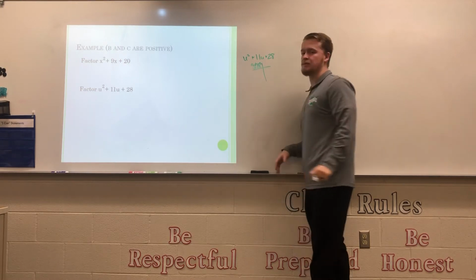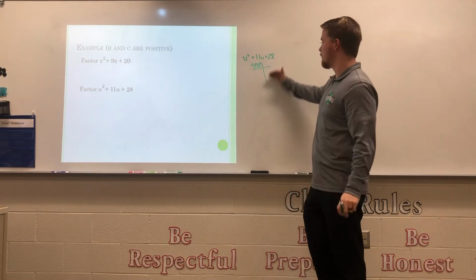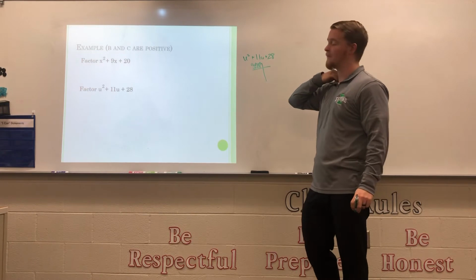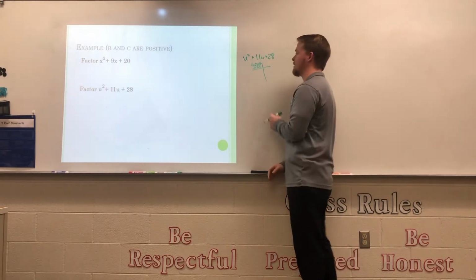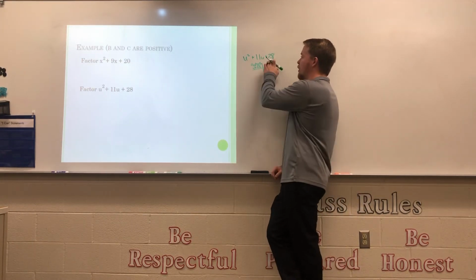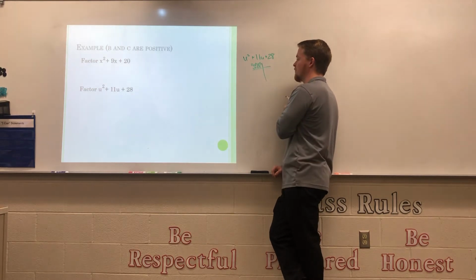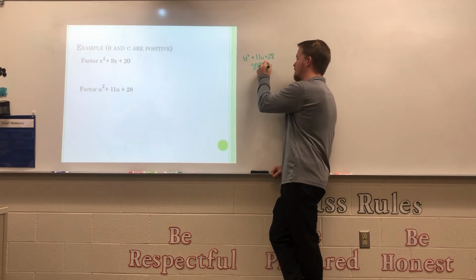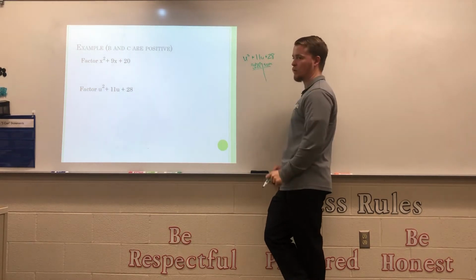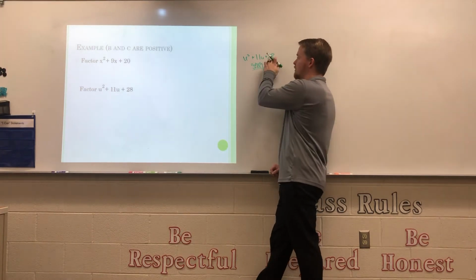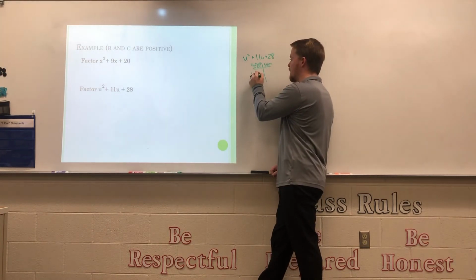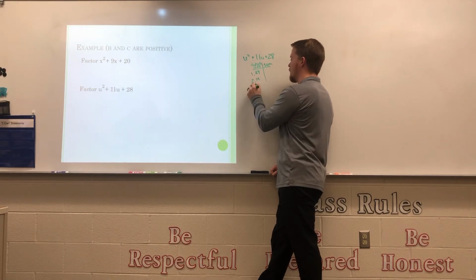As you start doing these more, a lot of people don't even have to make the table. They can just look at it and see what the factors are that multiply to be this but add to be this. But it's a good habit to get into making the table just to organize your thoughts. So, factors of 28: 1 and 28, 2 and 14, let's see, 4 and 7.